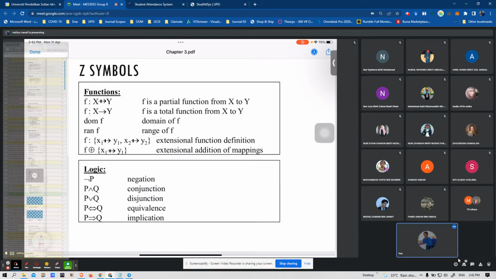Okay, we have a partial function, and then a total function. We have domain of f, range of f, and extension function of definition. Okay, and then we have negation, conjunction, disjunction, equivalence, and implication.